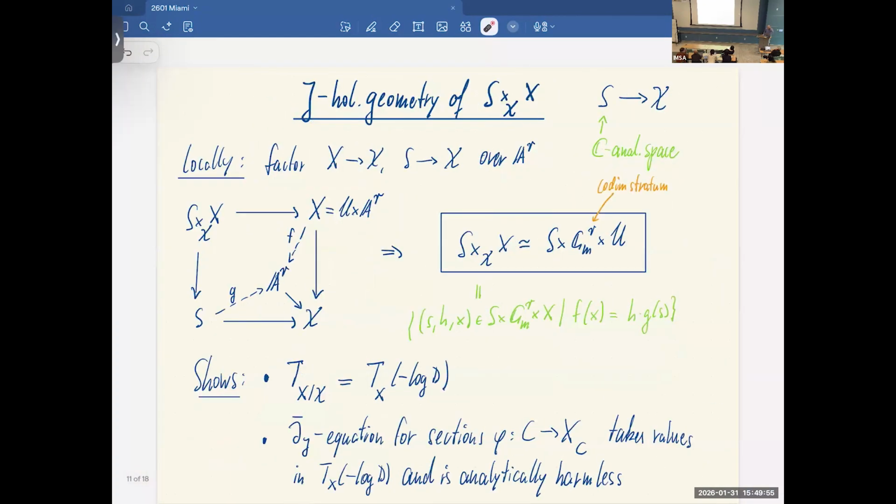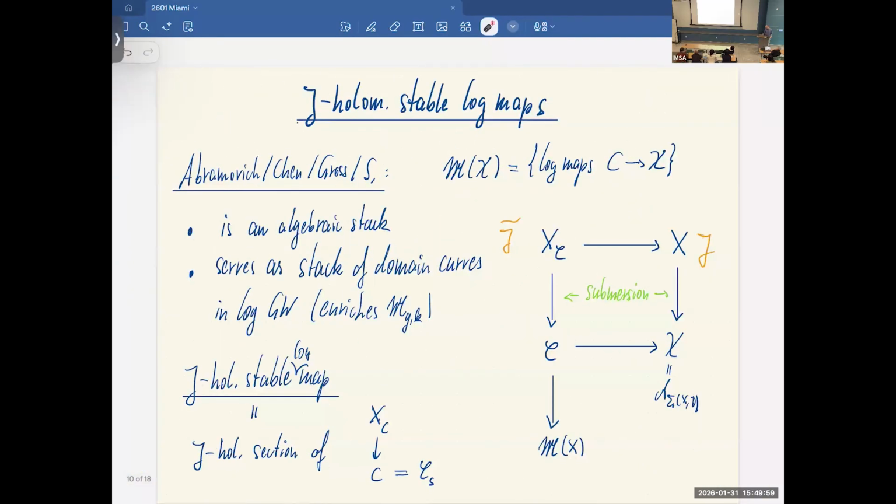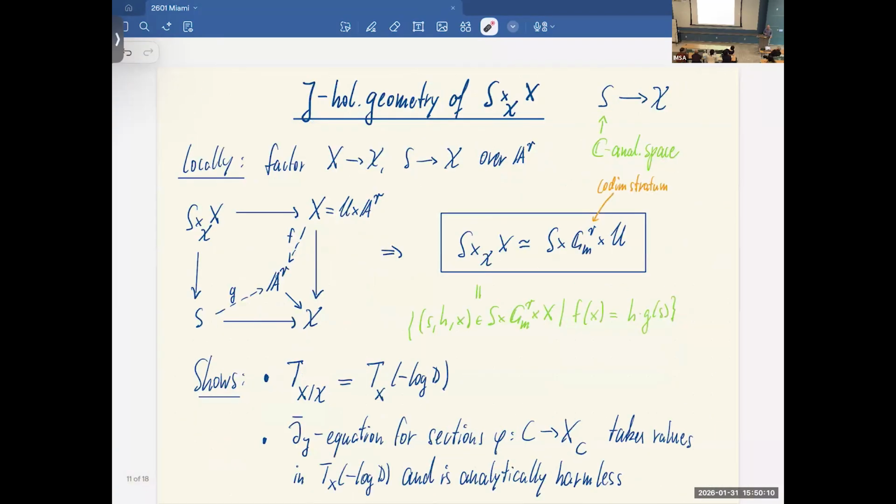So let me spell this out a little bit. Of course, we could go home if we are very comfortable with working with stacks and believing everything, but I wanted to be careful that I'm not making any mistake in claiming there's a J tilde and what it looks like. So let's spell it out. What are the equations of this guy? Locally, X will look like U cross A^r.